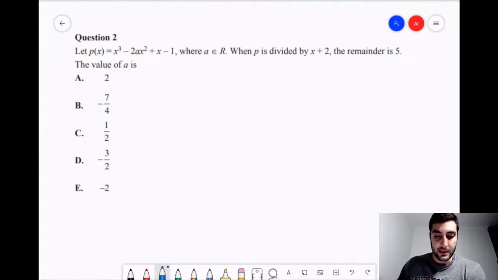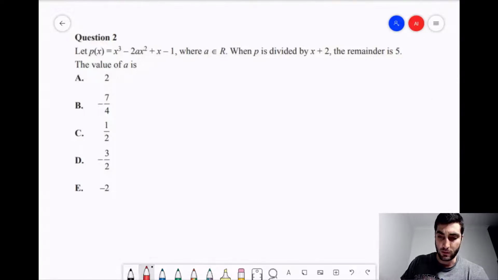Let p of x is equal to x cubed minus 2ax squared plus x minus 1, where a is an element of the real set of numbers, and when p is divided by x plus 2, the remainder is 5. The value of a is. So this question relates to remainder theorem, which ties in closely with factor theorem.